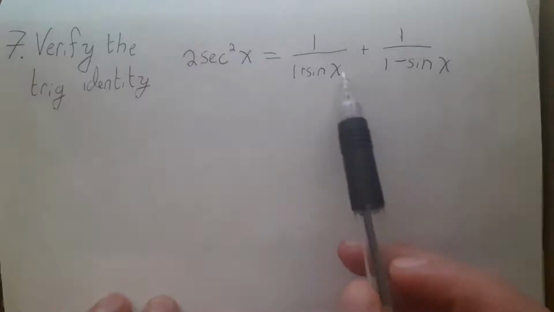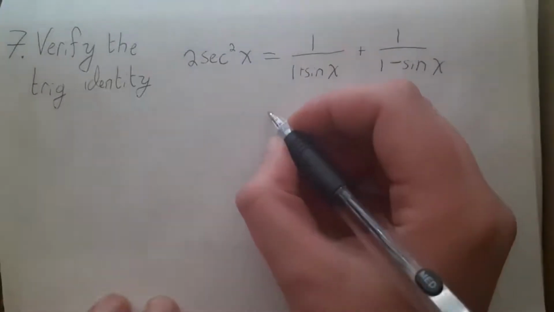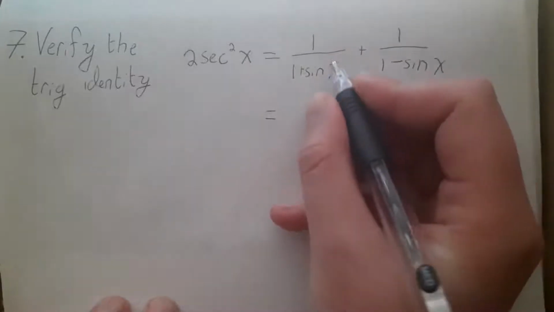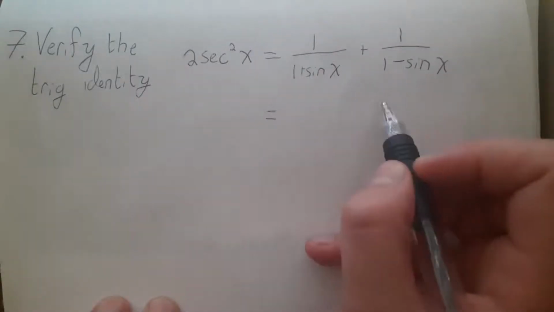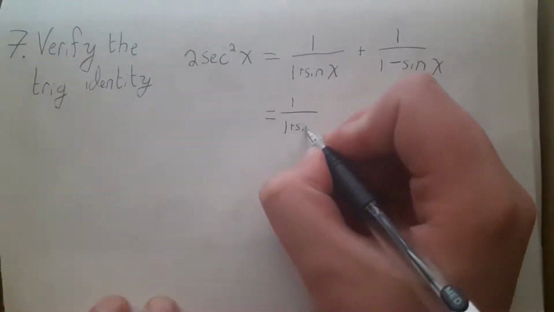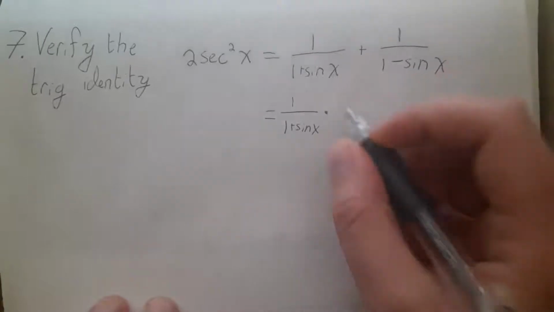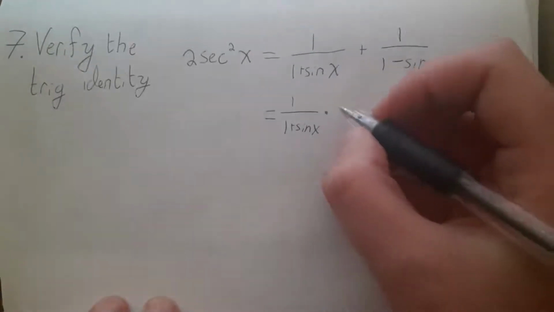In order to do that, the denominators need to be the same. So to make the same denominators, we're going to multiply this first fraction by 1 minus sine x divided by 1 minus sine x. And we will multiply the second one by the denominator of the first one, which is 1 plus sine x.